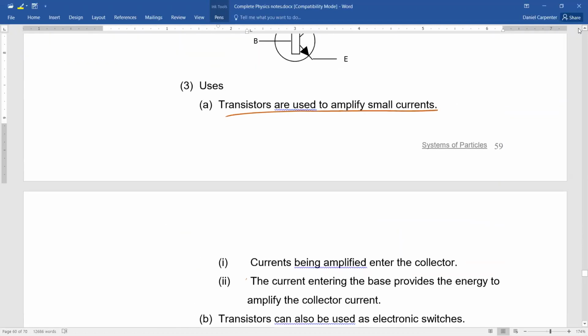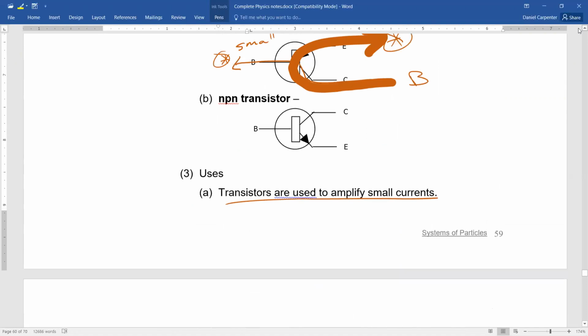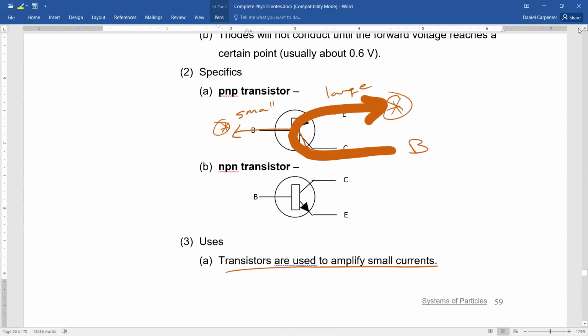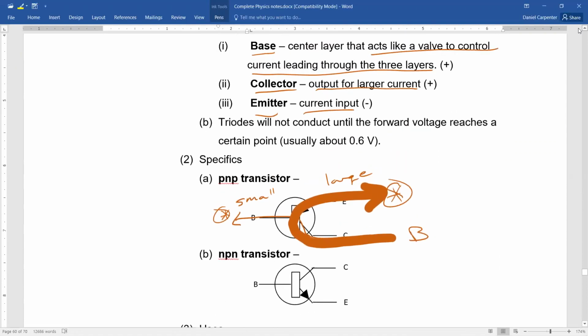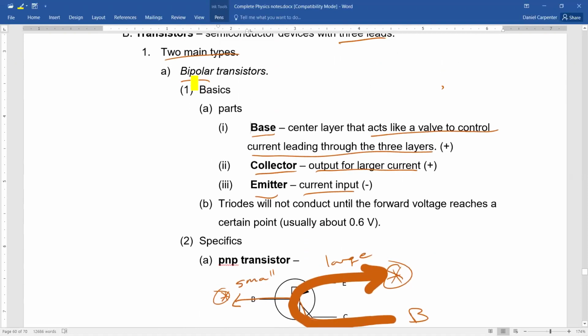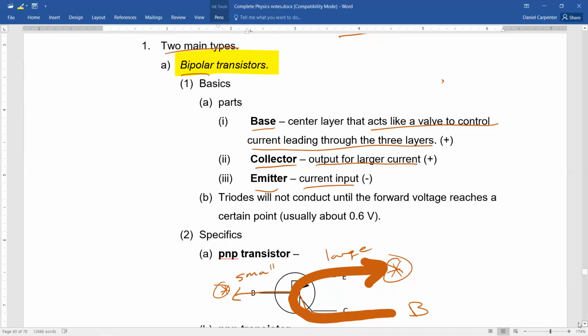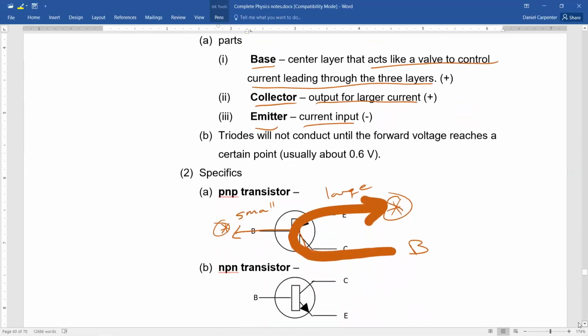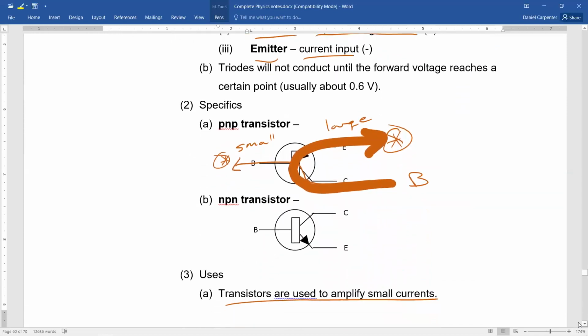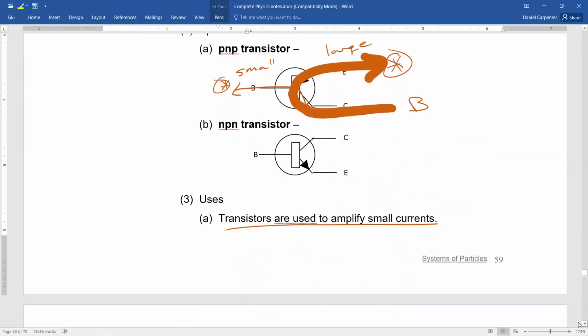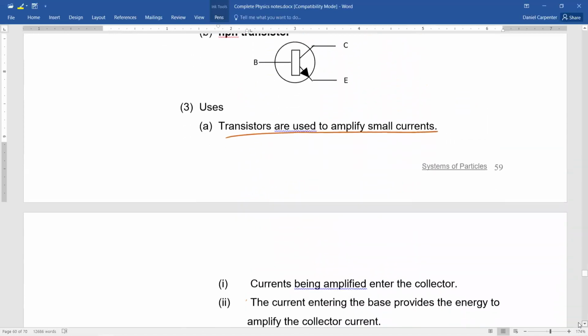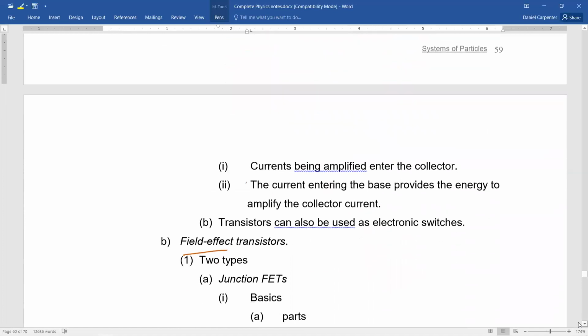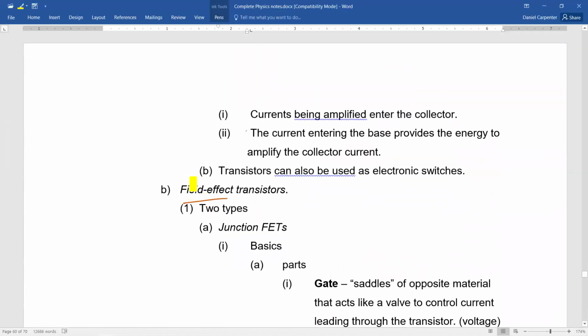You can come up with the term bipolar transistors. And then there is the field effect transistors. And then there are 2 types of field effect transistors.